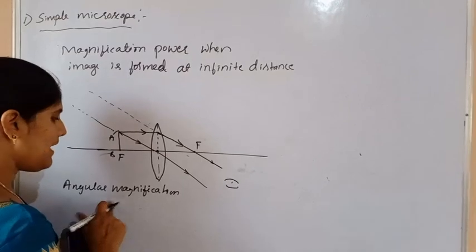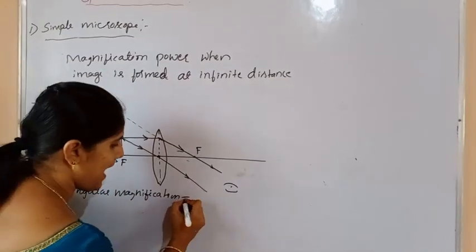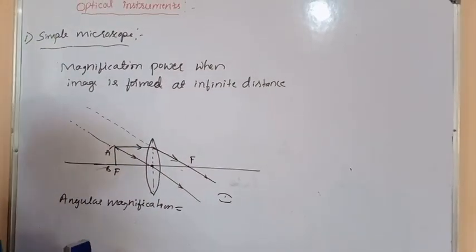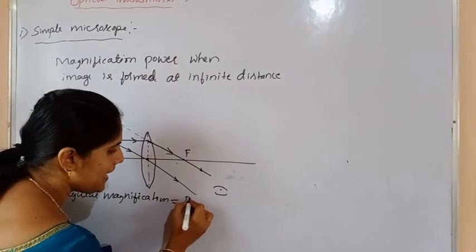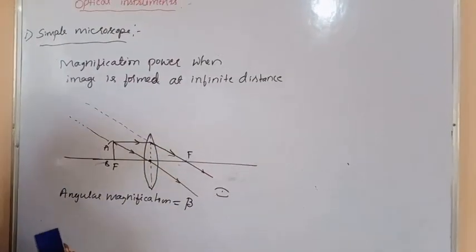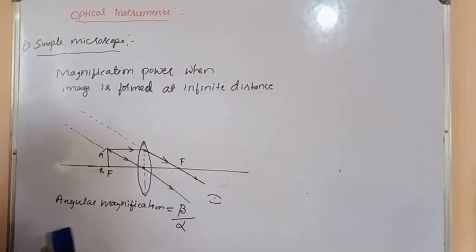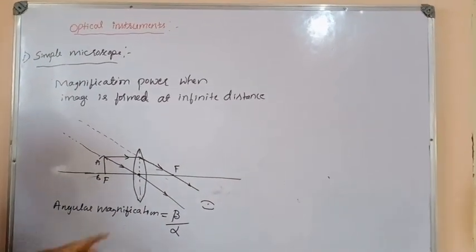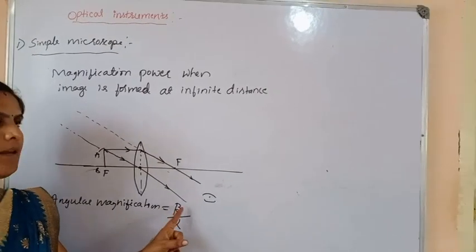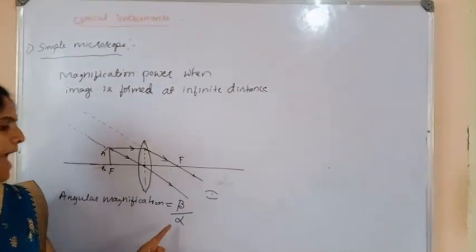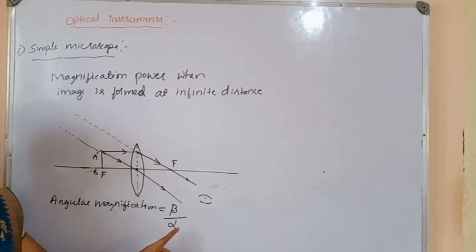Angular magnification is defined as the ratio of the angle formed by the image at the eye to the angle formed by the object at the eye.